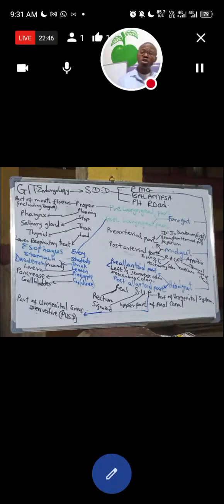Now, if it comes to general histology, you use the same outline: introduction, diagram. After diagram, you now talk about components. Sorry, it's not the same. Talk about components. After components, talk about features, and you talk about clinical histology.